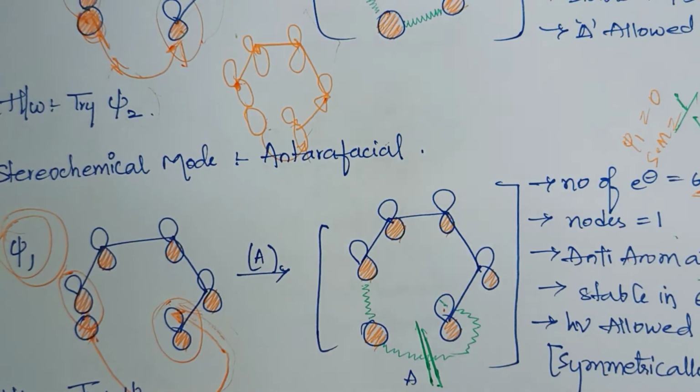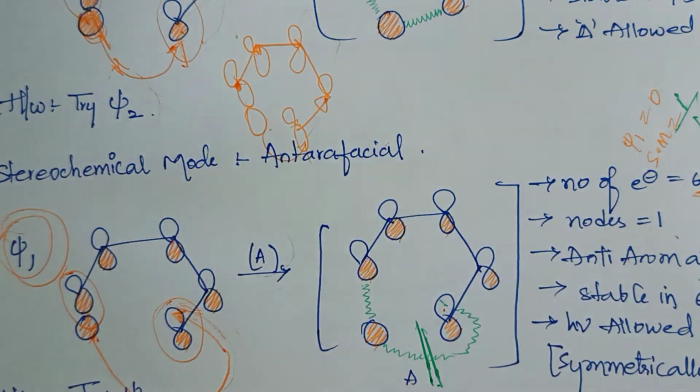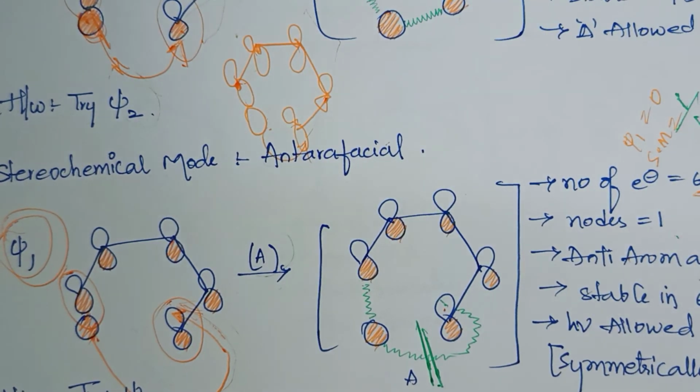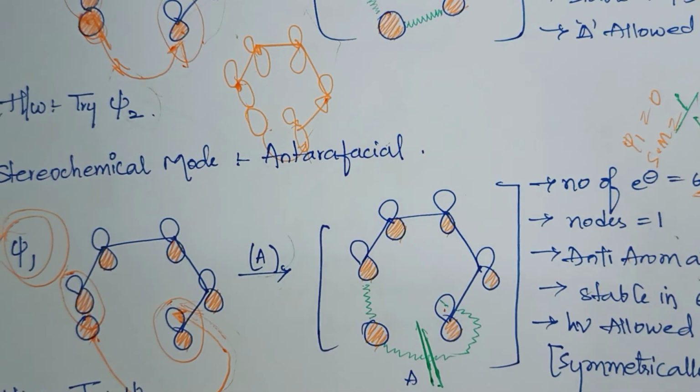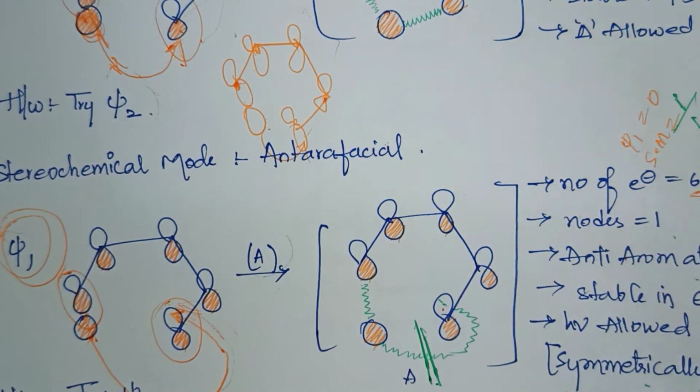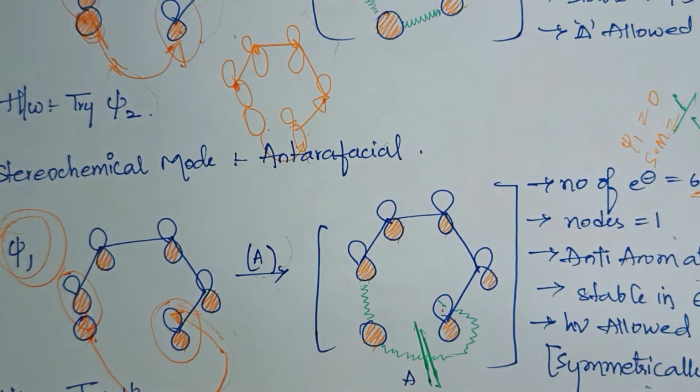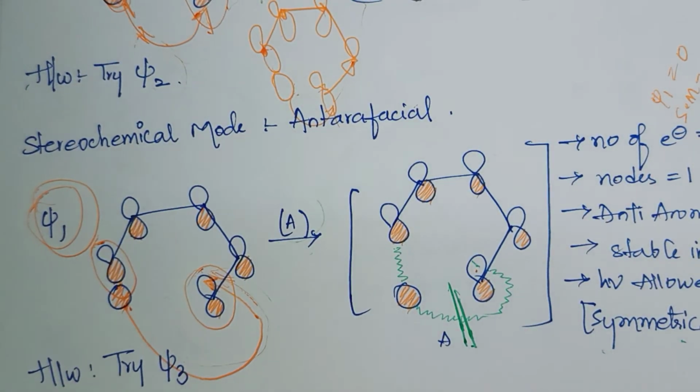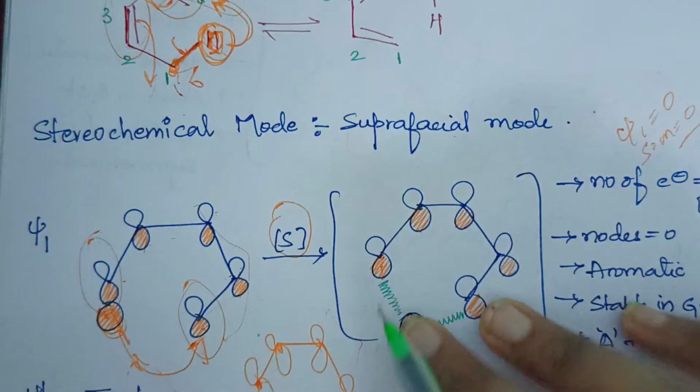See, I already specified that wherever you have antara, because in your syllabus you will have only the smallest system, here antara came, so you keep it photochemically symmetry allowed. So these are the examples of 4n plus 2 systems. You try the molecular orbital of xy3. See here, don't worry if you are not understanding how to draw the molecular orbitals of xy2, xy3 of the 5 carbon system.